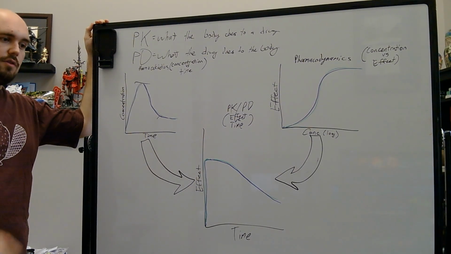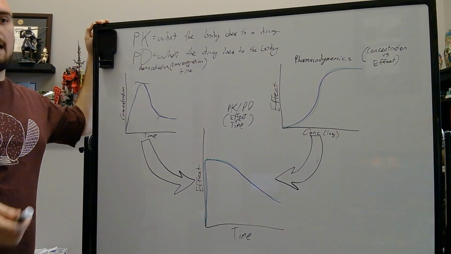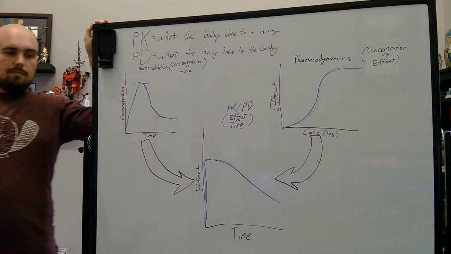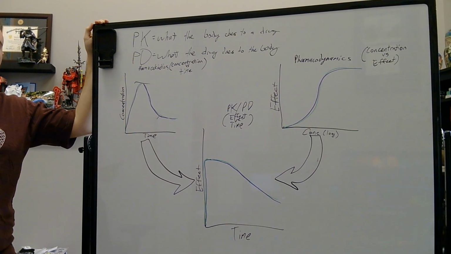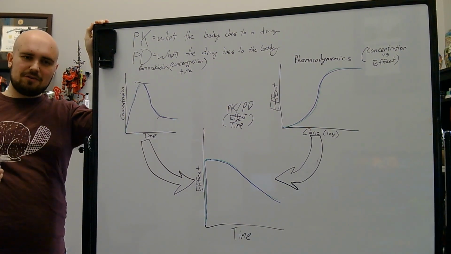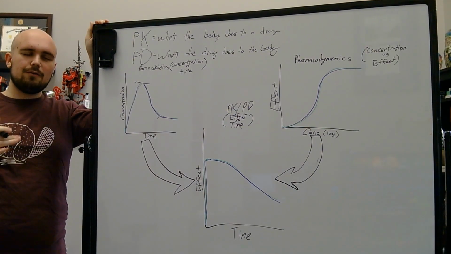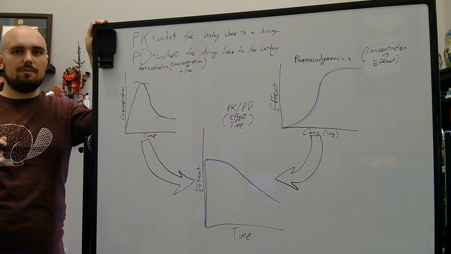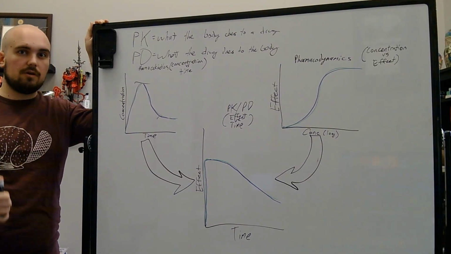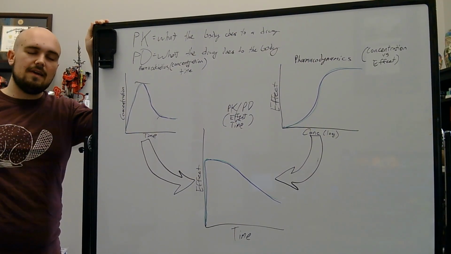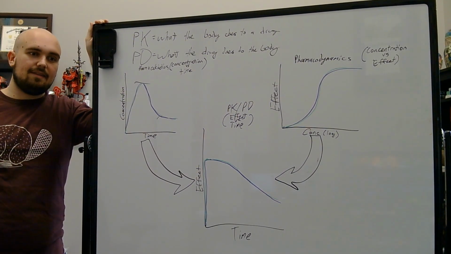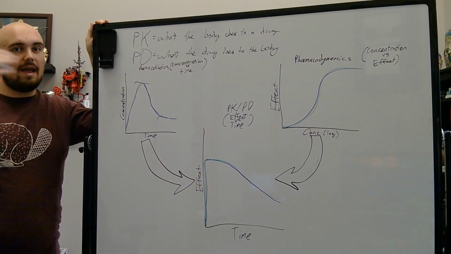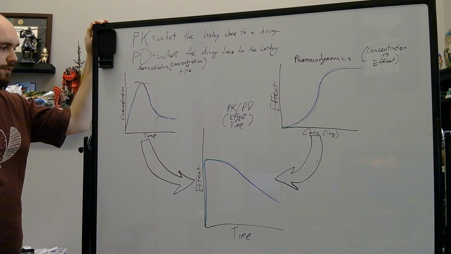You see the volume of distribution of the drug, so how much volume in the body does a drug have to distribute through. So for example, if it's a very hydrophilic drug, then it's going to have a low volume of distribution because you don't have too much water in your body compared to if it was a lipophilic drug, which would be able to infiltrate into all kinds of lipid tissue in your body, and thus these lipophilic drugs are going to have way higher volumes of distribution compared to hydrophilic drugs.